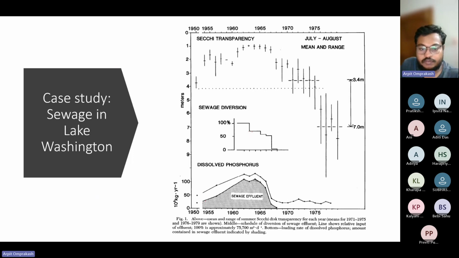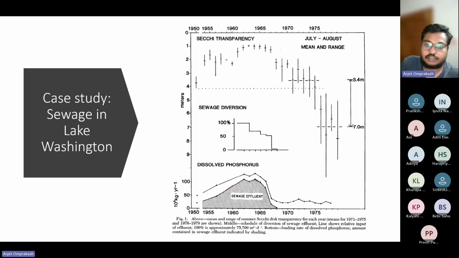Now, here we can see that as the amount of sewage increased, the amount of dissolved phosphorus in the lake also increased. But as the amount of sewage decreased and became 0, the amount of phosphorus decreased and stabilized at a certain point. Great.